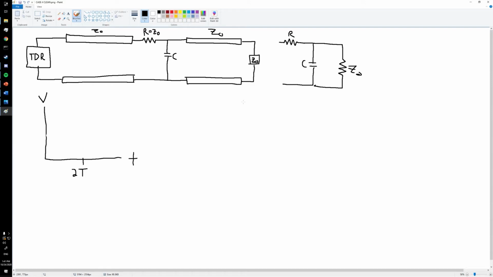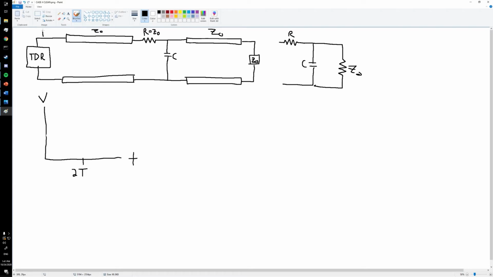For our case 4, we're going to be looking at a slightly more complicated example. For this one, we have a TDR connected to a transmission line that feeds into a junction created of a resistor, capacitor, and another set of transmission lines that then eventually has a load that's impedance matched to the transmission line.